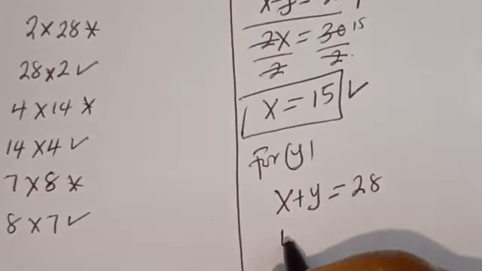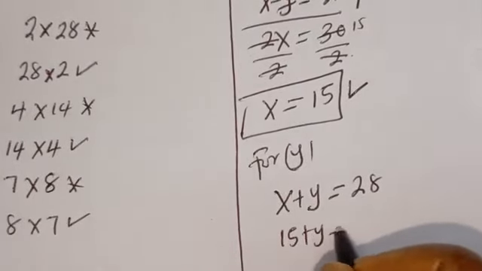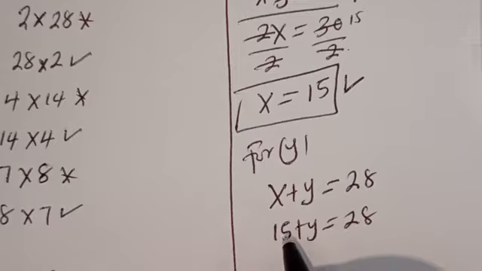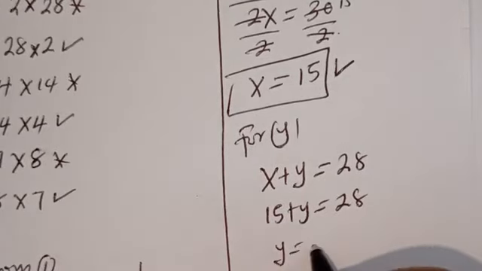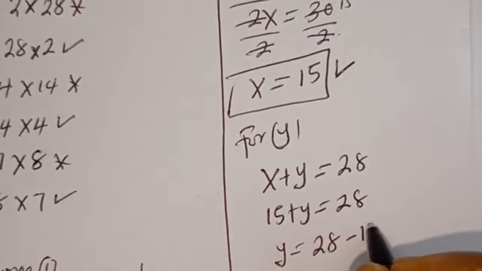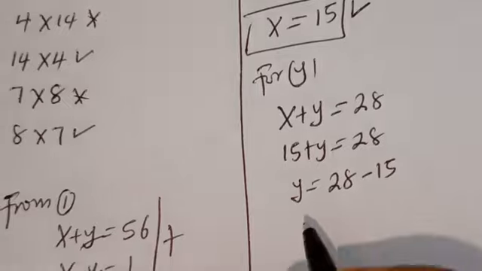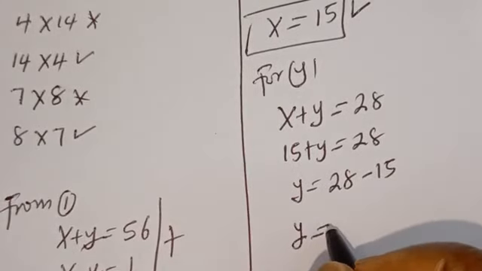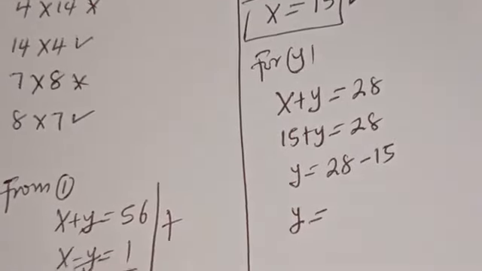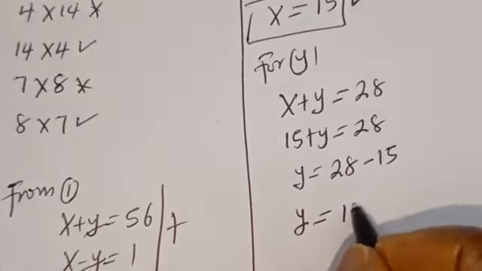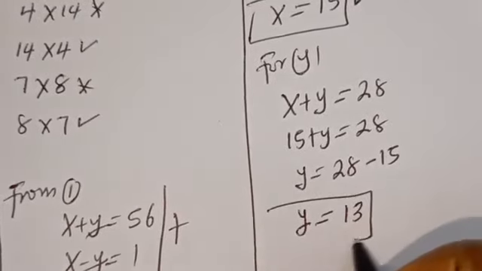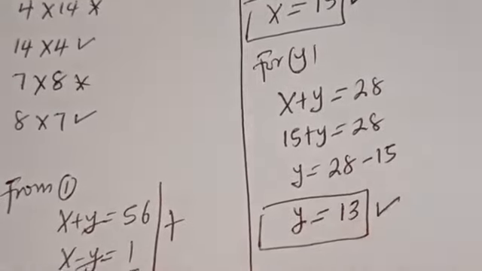When x is 15, we have 15 plus y equal to 28. y is equal to 28 minus 15. Then y is equal to 13, and this is also a natural number.